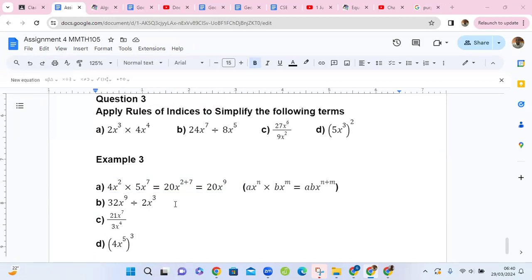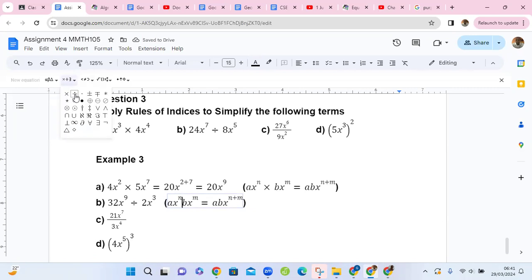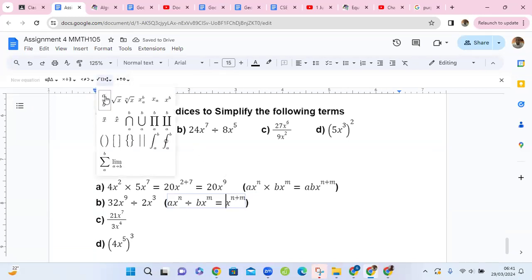Continue with B. It says 24x to the 7 divided by 8x to the 5. Conversely, when you are dividing exponents or indices, okay, the rules of indices, when you are dividing and the bases are the same, you divide the coefficients.